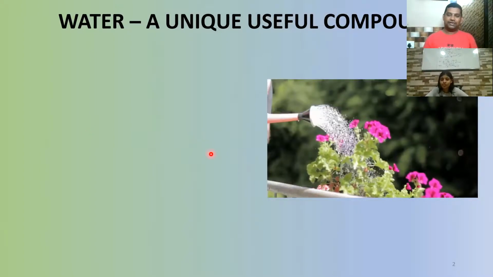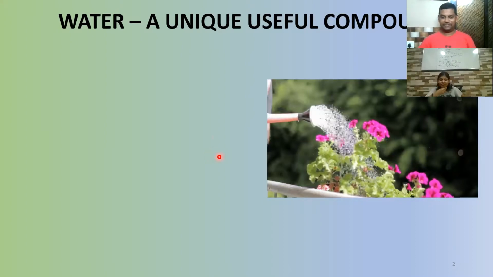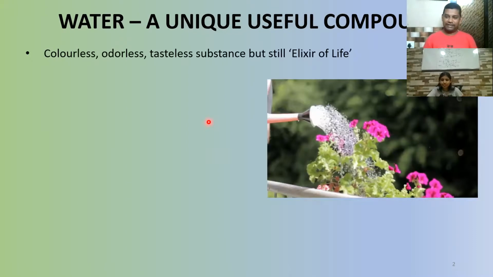If you go back to the origin of the earth, in the entire universe, based on what we are aware of till now, Earth is the only such unique planet where we are getting such a unique compound, and we can now tell this 1000% sure that this entire life that is existing is because of this water.